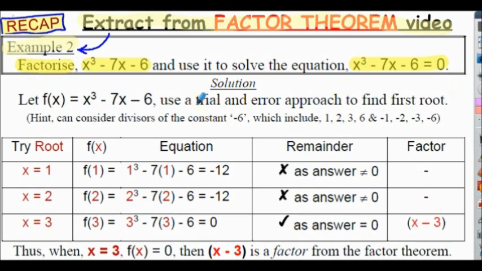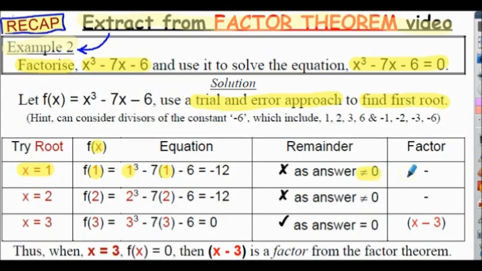And this is essentially a trial and error approach to find the root and then the associated factor. So here's our trials on the left hand side here, x equal to 1. So wherever we have an x in our expression, we'll replace that with 1. The x cubed term minus 7x minus 6 equals negative 12. So that doesn't equal 0, so no root found.